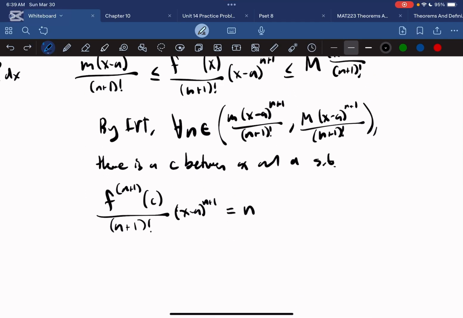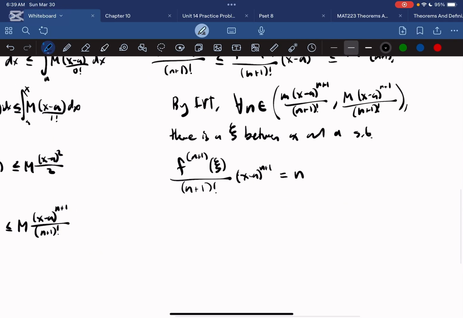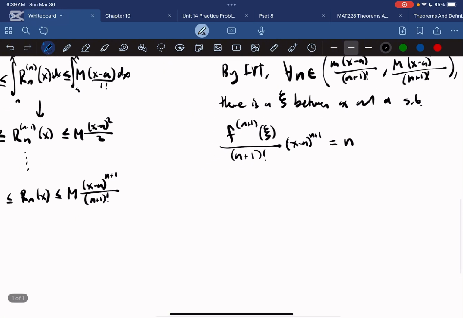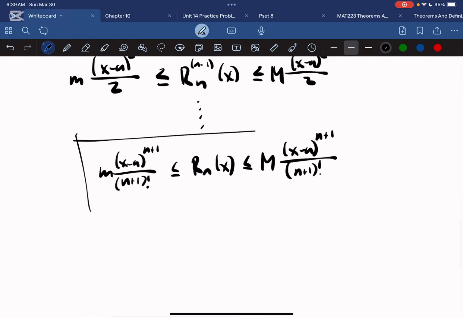And you might ask, what is the application of this? Well, it might ring a bell if I replace c with xi. And now this looks very familiar, like Lagrange's remainder theorem. But how does it apply? Well, we know Rn of x is bounded by these two functions.